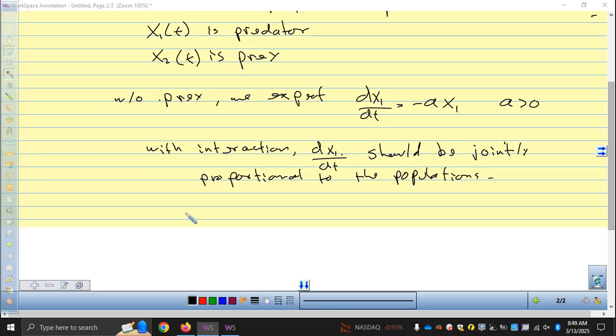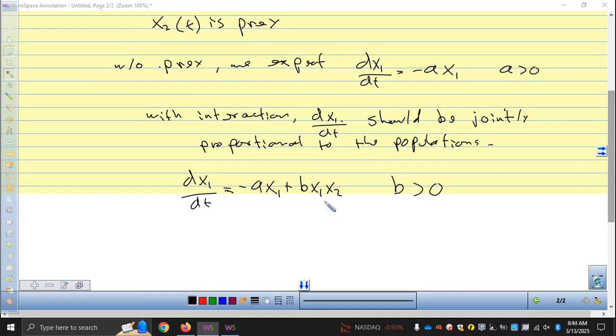So we would say, in that case, dx1/dt equals negative a x1 plus b x1 x2, where b is greater than 0. The negative, because we expect some aspect of the population to follow an exponential model. And then we get this x1 x2 interaction term, where our population is increasing because the predators are eating.